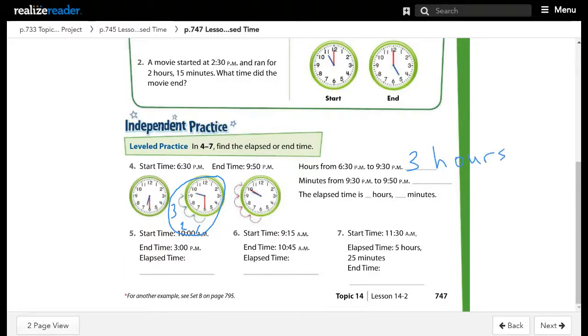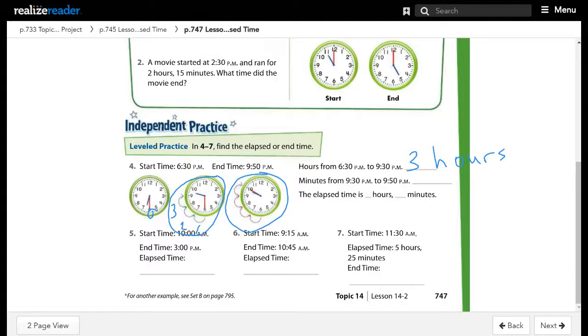Minutes from 9:30 to 9:50 p.m. We can see it on the third picture. 30 means here at the 6. The minute hand started at the 6, then it ended at the 10. So let's start counting from the 6.